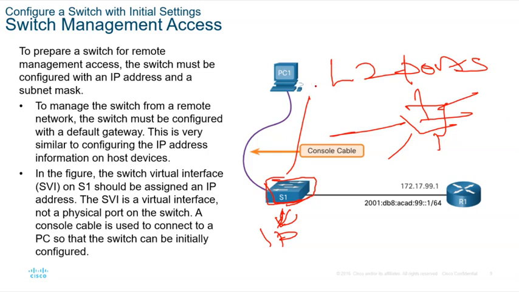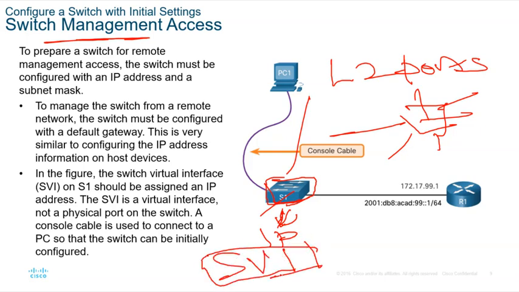But when it comes to managing the switch, it needs an IP address. There is no way you can reach a device when you don't know its IP address, or when it's not assigned an IP address. So here we need to create what we call a switch virtual interface.